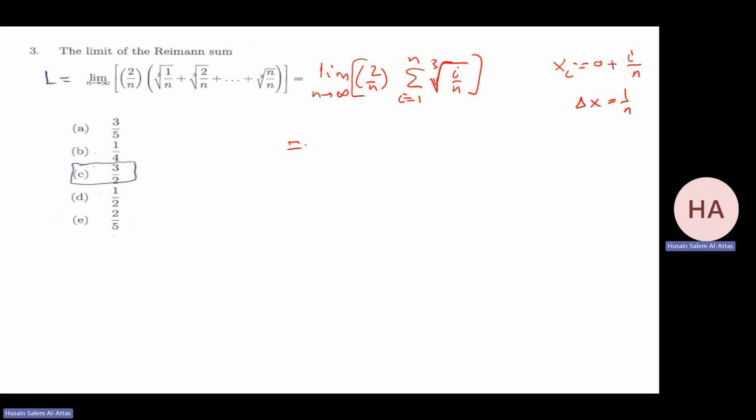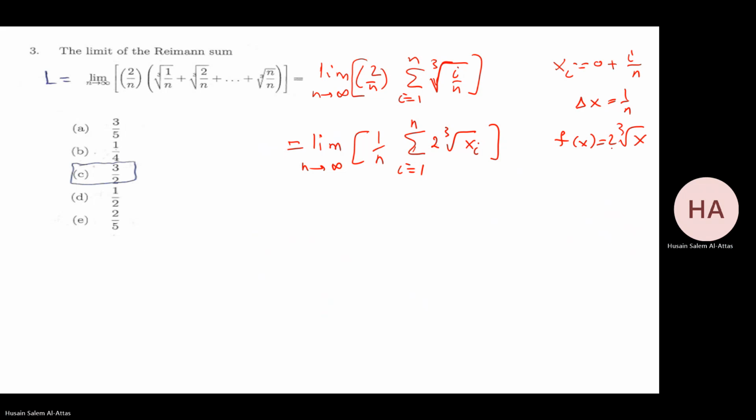So this one, I can rewrite it, limit n goes to infinity, 1 over n, summation i equal 1 to n, 2 cube root x_i. So f of x, 2 cube root of x, a is 0, and b minus a equal 1, so b equals 1.